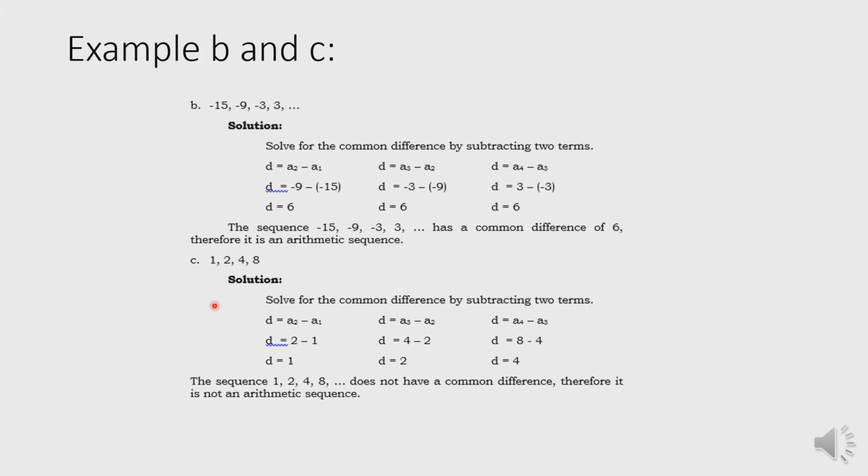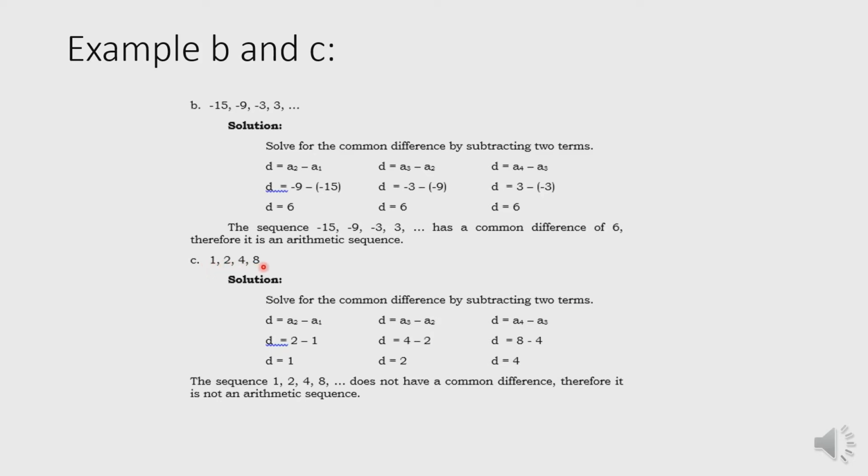Okay? Let's move to C. 1, 2, 4, 8. So from 1 to 2, from 2 to 4, 4 to 8. Let's see. Solve the common difference by subtracting two terms. This is a sub 1, a sub 2, a sub 3, a sub 4.